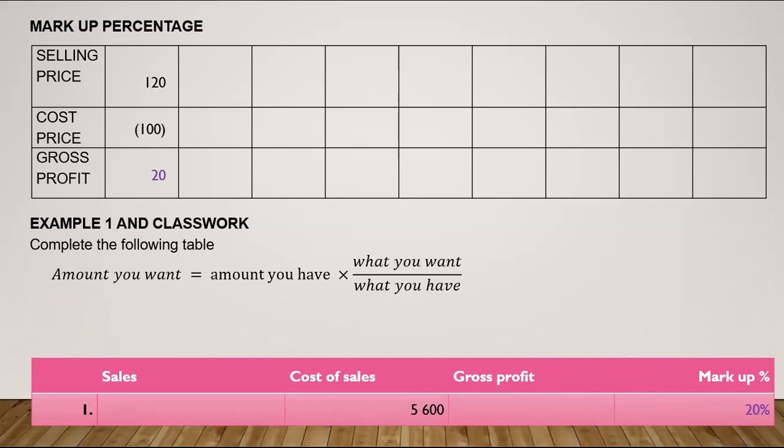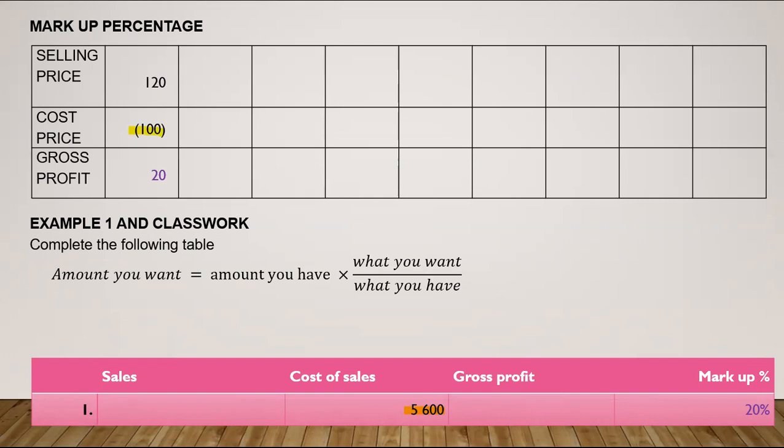For example, in this example one here, we are given cost of sales, which is 5,600. And the cost of sales percentage is 100. All right. Let's say you want to calculate your sales value.